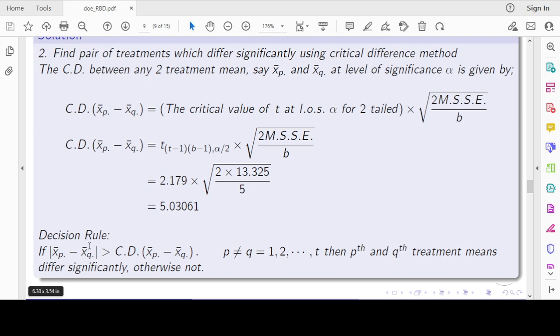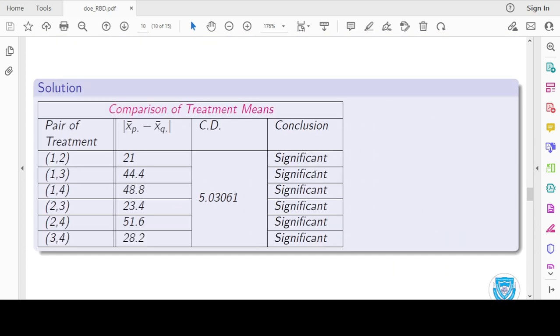The decision rule is: if the mod of x bar p dot minus x bar q dot is greater than CD, for p not equal to q, i from 1 to t, then the pth and qth treatment means differ significantly, otherwise not. So we'll check for all the treatment combinations.